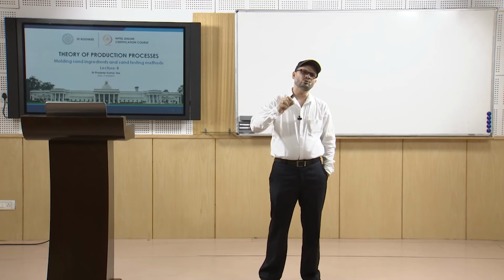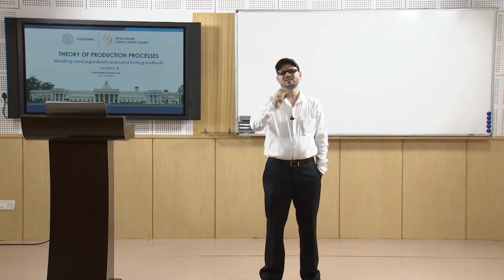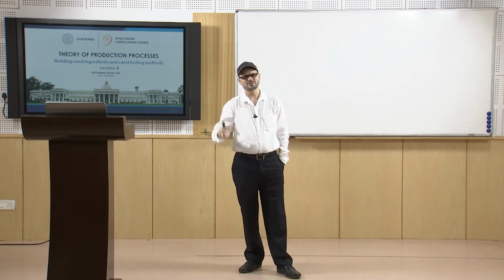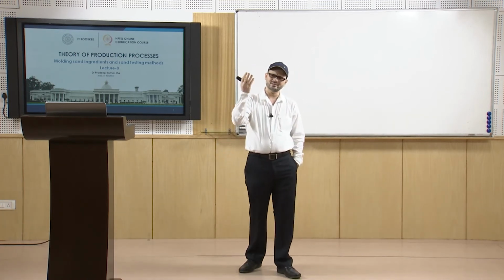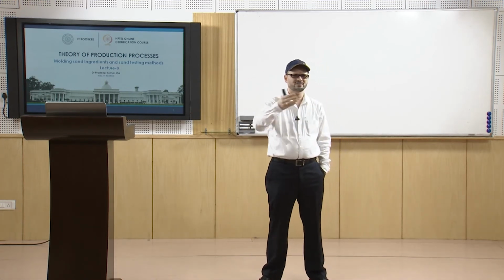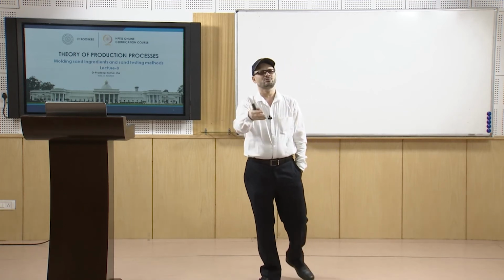So, we need a standard where we can say that this is the size suited for that purpose, or if you have a certain sand, you can say by statistical analysis that this is a sand which is either suitable or not suitable.